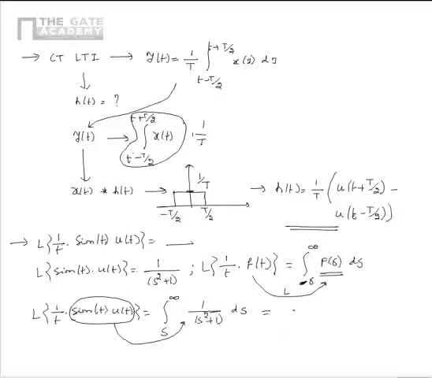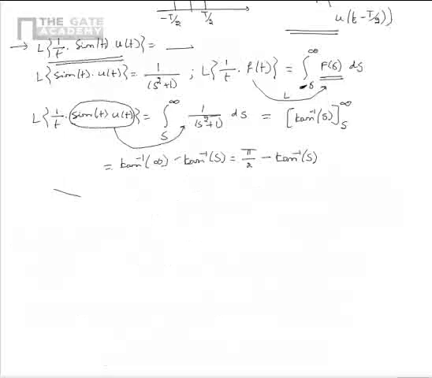That is, integral of 1 by s square plus 1 ds is equal to tan inverse s, and the limits are infinity and s. So this can be simplified as tan inverse infinity minus tan inverse s. This is equal to pi by 2 minus tan inverse s. From this we can say that Laplace transform of 1 by t sin t u of t is equal to pi by 2 minus tan inverse s.